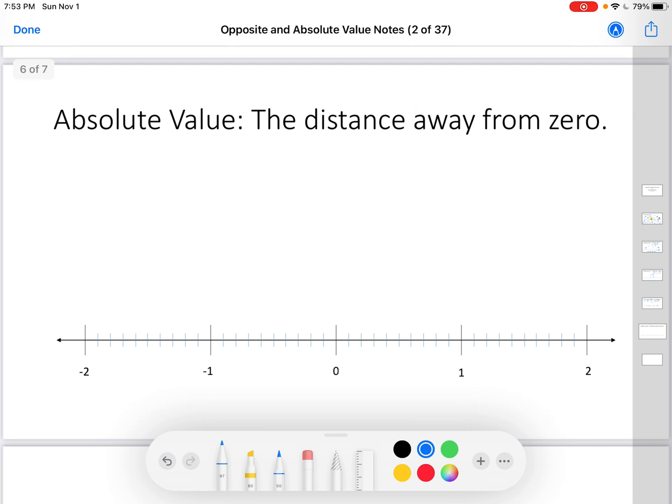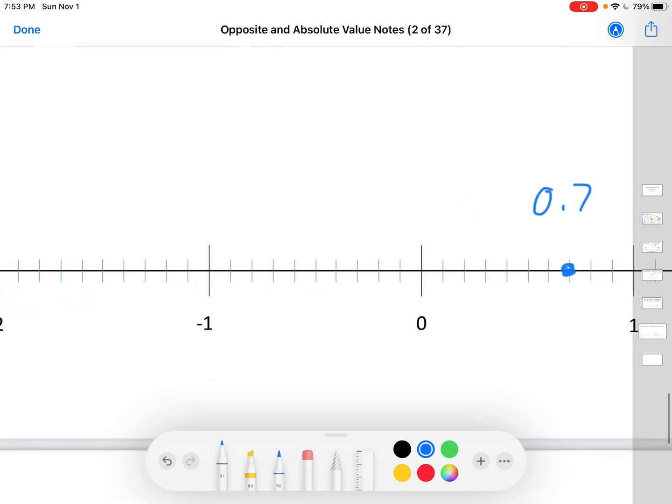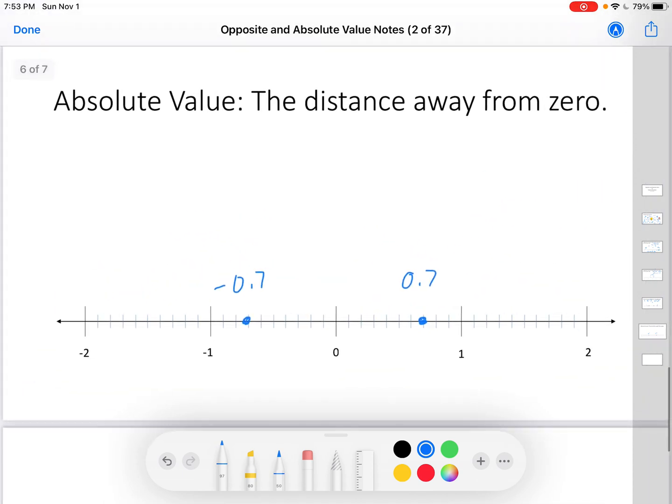Let's do another example. Let's do 0.7 and negative 0.7. Okay. Absolute value cares about the distance. So, what is the absolute value of negative 0.7? Well, how far away from 0 is it? It is 0.7 away.